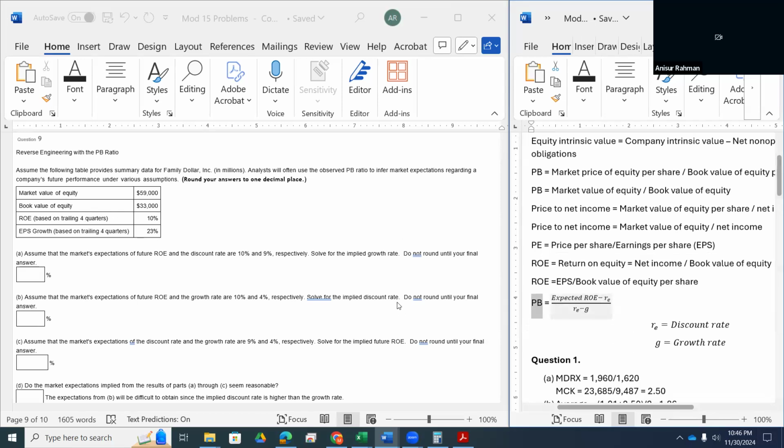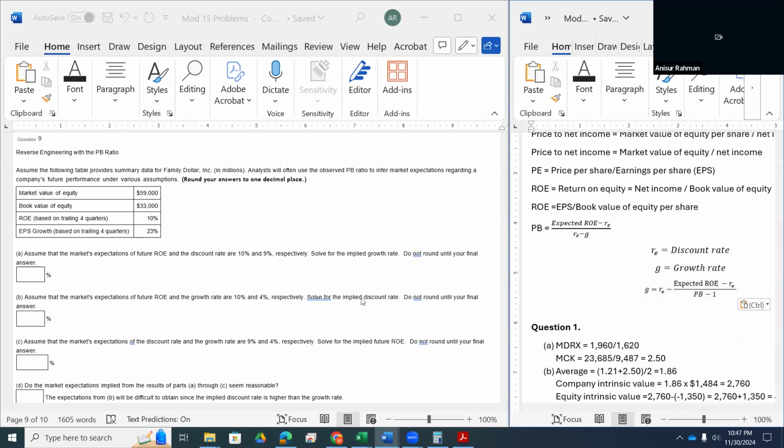Now we have to find the growth rate. After some algebraic manipulation, I'm going to write it down for you here. The growth rate will be this.